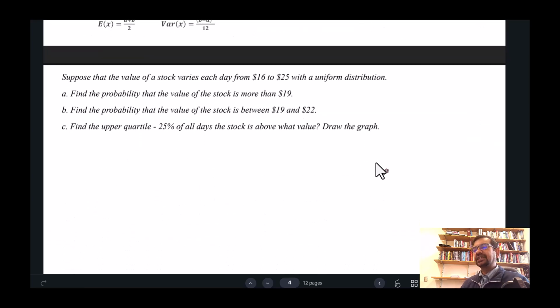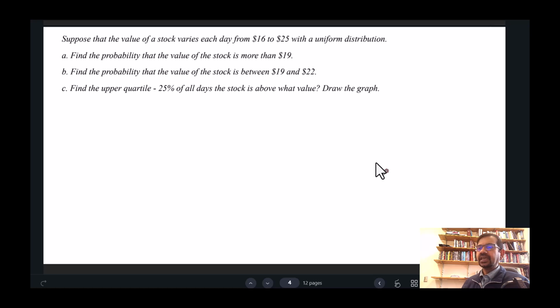So let's apply this to a problem. Here we are told that the value of a stock varies from a low of 16 to a high of 25. So a is our lower value, 16, and b is 25.